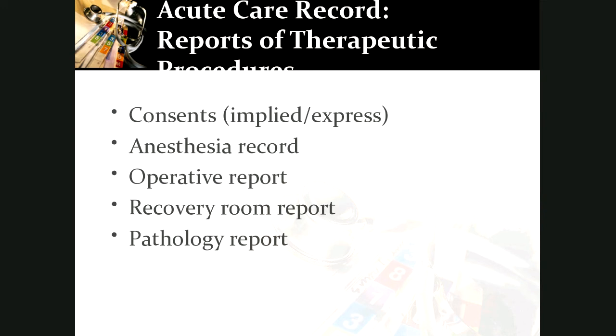And there's going to be a recovery room report if they went to an operating room for the procedure. Sometimes they do it at the bedside, and in that case there wouldn't be a recovery room report. A pathology report, as I said, if anything's taken out or removed from the patient's body, there's going to be a path report. Next slide.